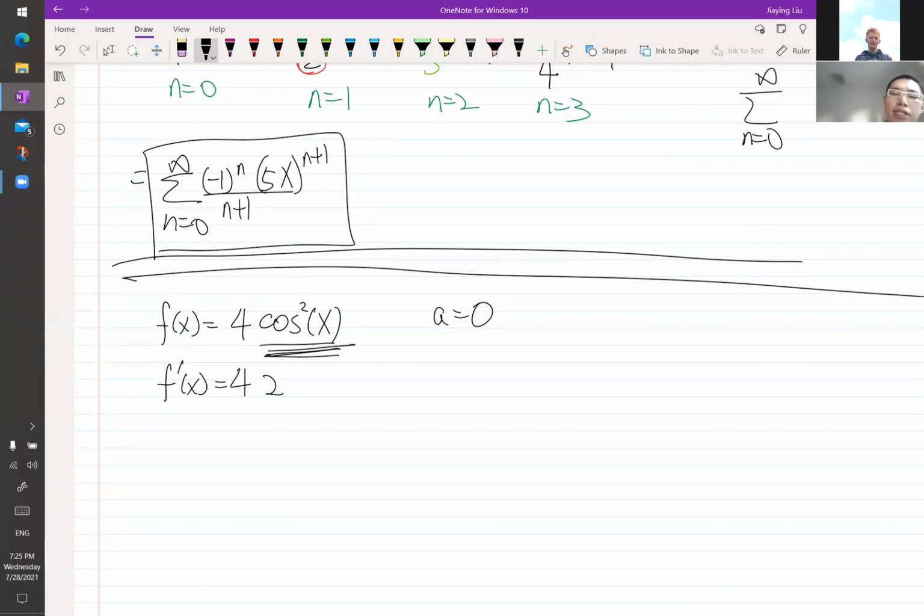You get 2. Oh, actually, let me point out one thing. So 2 cosine x sine x using chain rule there. So I would say just keep it as 4 times 2. Don't try to combine it as the 8.